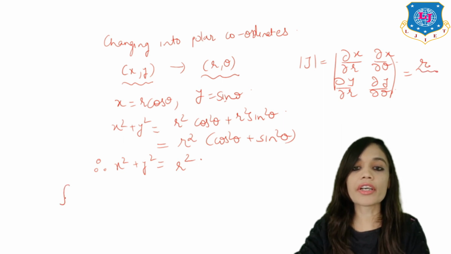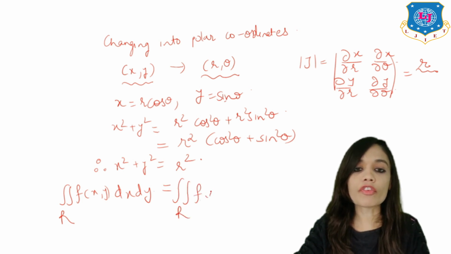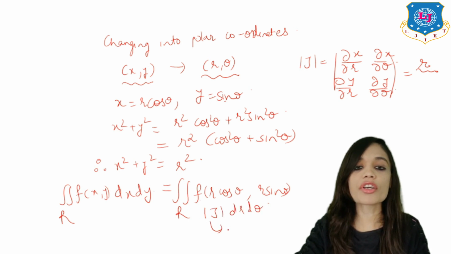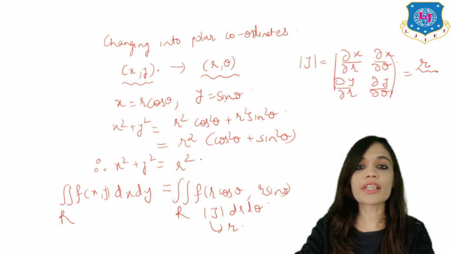So finally our double integral of f of x comma y dx dy over a region R is converted into the double integral over R of f of r cos theta comma r sin theta, mod J, dr d theta. But the value of mod J is r, right? So using this method we can convert our Cartesian coordinates to polar coordinates.